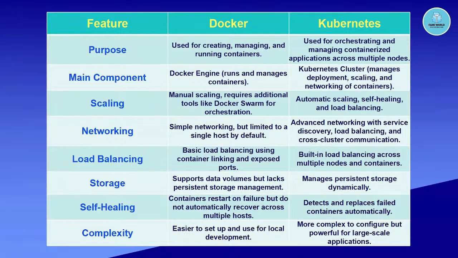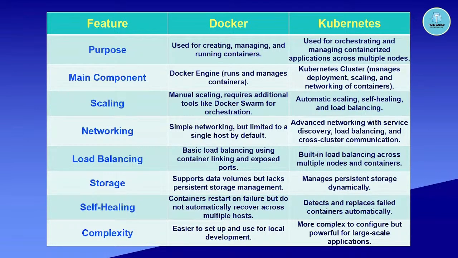Kubernetes is used for orchestrating and maintaining containerized applications. Simply, Docker is for creating, managing, and running containers, and Kubernetes is for managing the containerized application across multiple nodes.